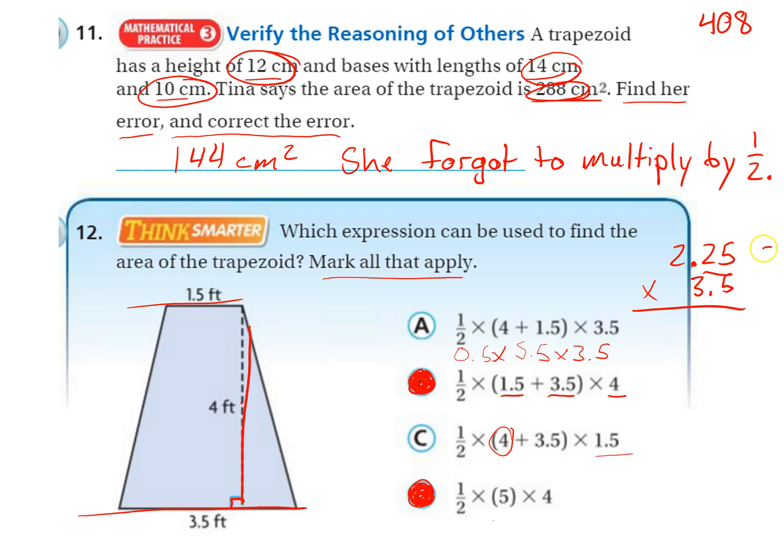Got to move my decimal over twice, move my decimal over once. So in the end, I'm going to move it over a total of 3 places. 5 times 5 is 25. 5 times 2 is 10, plus 2 is 12. 5 times 2 is 10, plus 1 is 11.